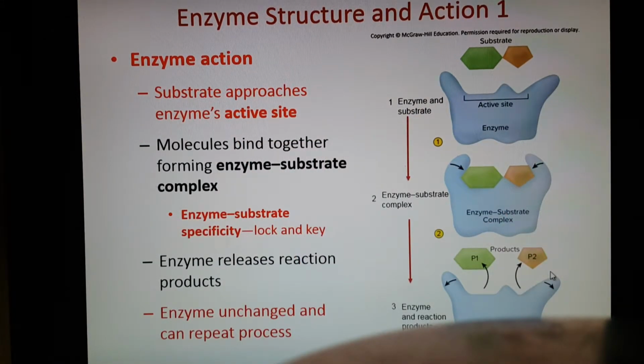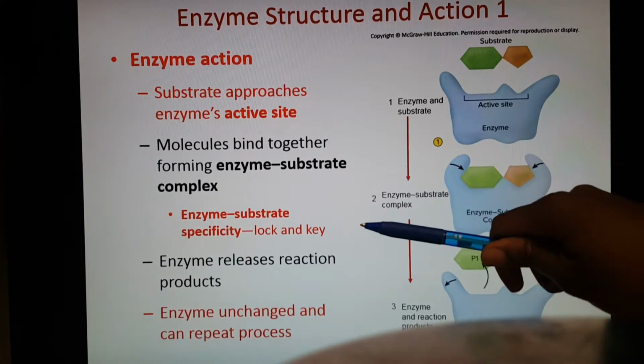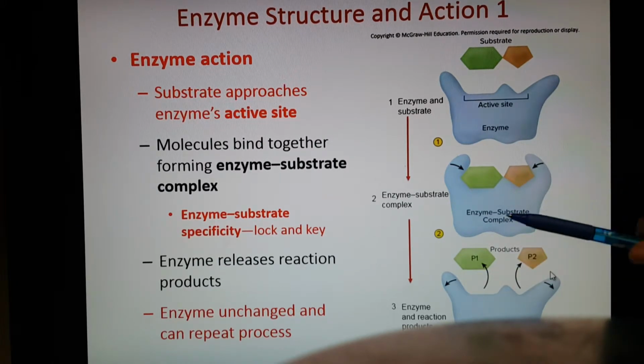Here's an example. We have our substrate binding to our enzyme to form the enzyme-substrate complex. The enzyme puts everything in close proximity to each other, and in this case works as a lock and key because the enzyme is very specific for the substrate.